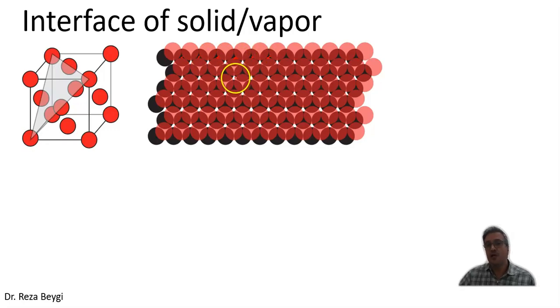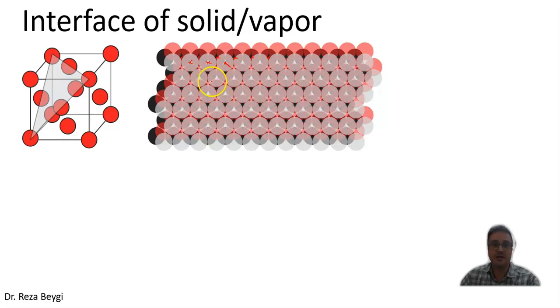There are also other atoms in another plane which is placed above this red plane, and the atoms are placed in these holes that you can see here, and I show these atoms as gray atoms.